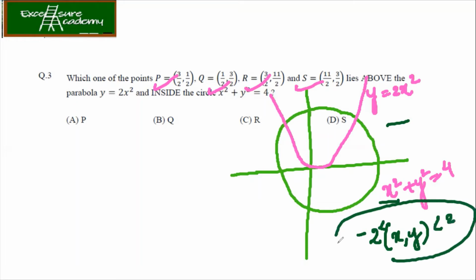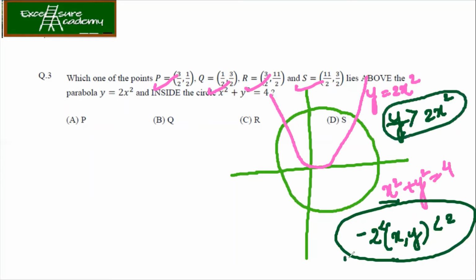Then only it is going to fall inside the circle. Now, in the case of the parabola, y should be greater than 2x square. Then it is going to fall inside the parabola. This is important to understand. So for your circle, the x and y value should be more than -2 but less than 2.